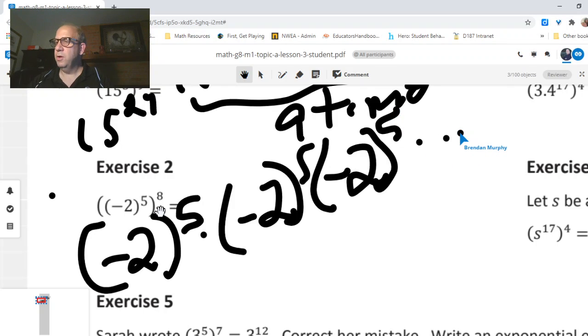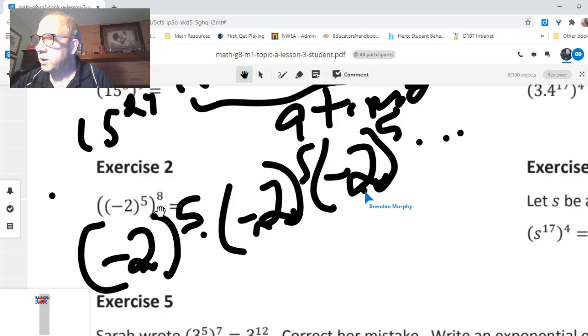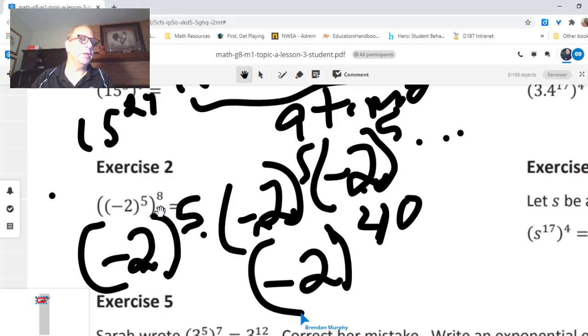So that's 5 negative 2's, 5 negative 2's, 5 negative 2's. So 5, 10, 15, 20, 25, 30, 35, 40. So that's 40 negative 2's.